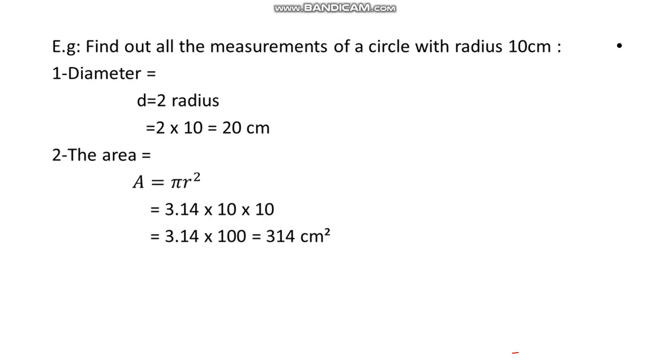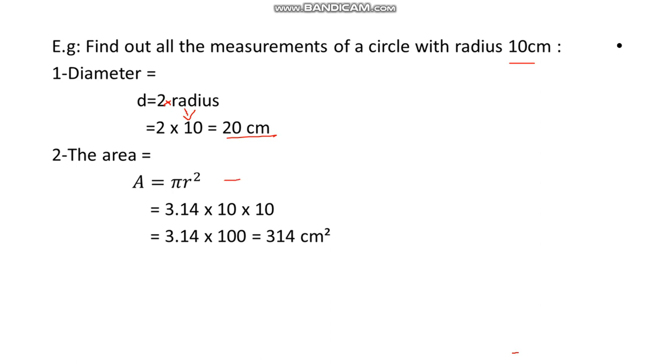If the radius is 10 centimeters, the diameter is equal to what? It is 2 multiplied by radius, so 2 multiplied by 10, which gives you 20. As I said, first write the formula, replace the radius with the given number, and then go for the calculation. Area is what? Pi times radius times radius.